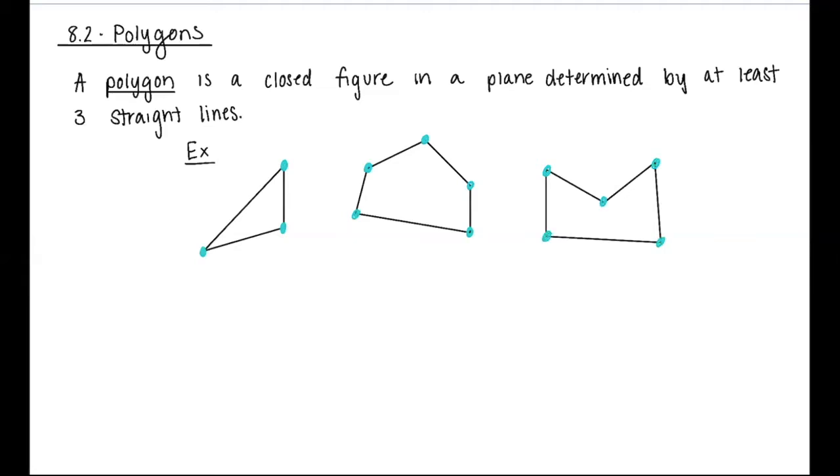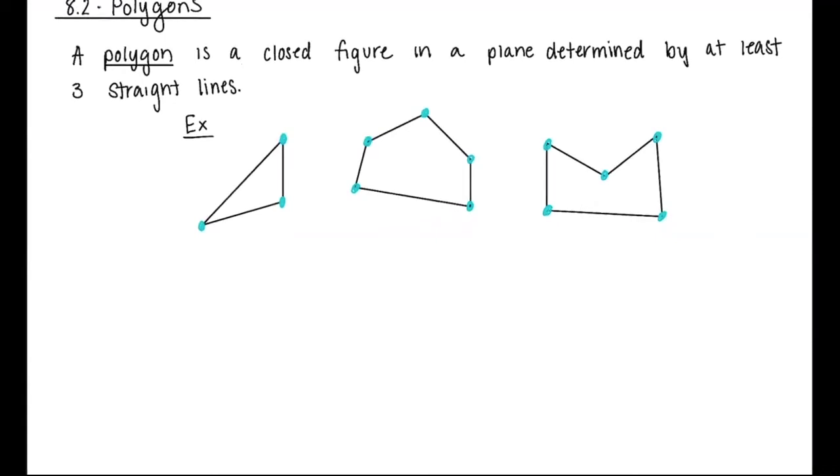Okay. These points that I've highlighted are where the lines or sides meet. So the points where 2 sides meet is called a vertex.